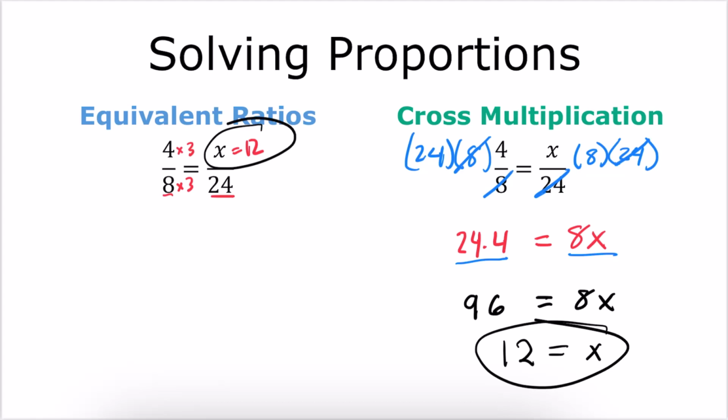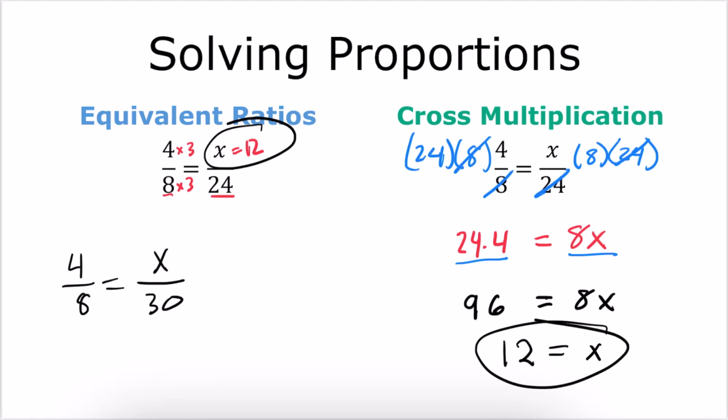You can choose whichever method you like to solve proportions. Depending on the proportion, different methods will be easier than others. In this case, I think the equivalent ratios method was the easiest. But if we had been trying to figure out how many eggs we need for 30 people instead of 24 people, our proportion would have been 4 over 8 equals x over 30.